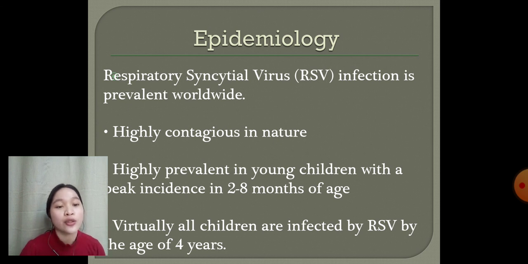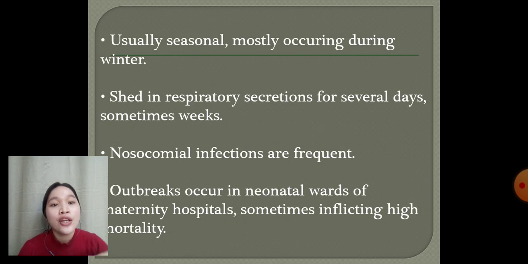Virtually all children are infected by RSV by the age of 4, kasi nga yung mga babies natin, they have a weak immune system pa kaya sila usually yung tinatamaan ng RSV. Usually seasonal, mostly occurring during winter. Shed in respiratory secretion for several days, sometimes weeks.